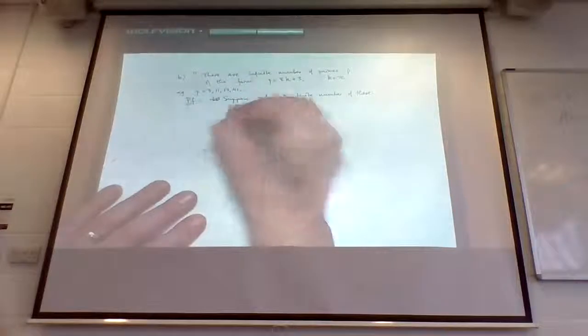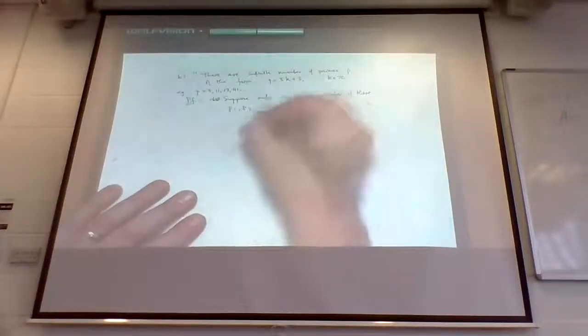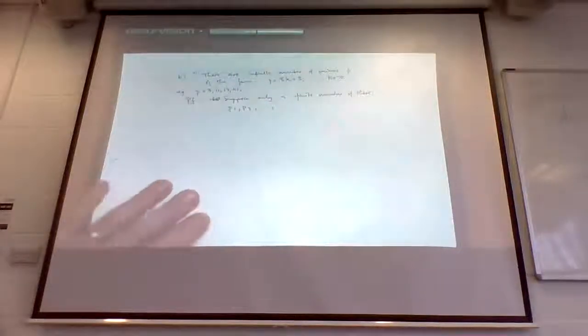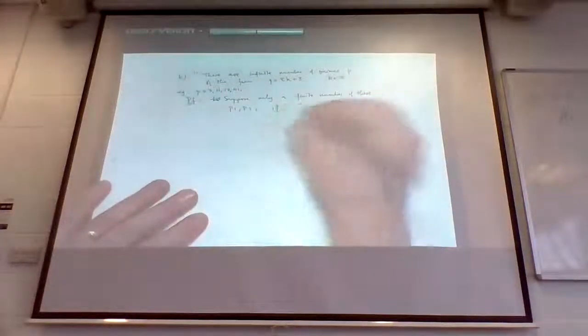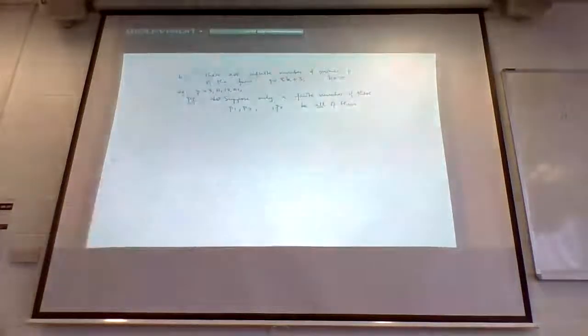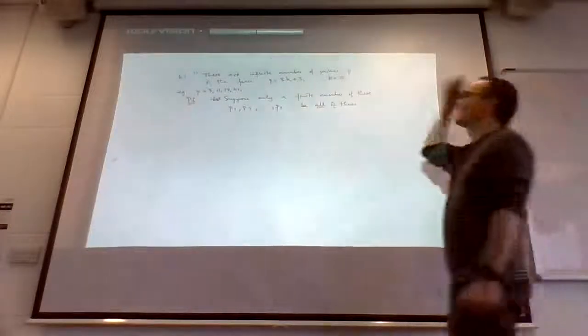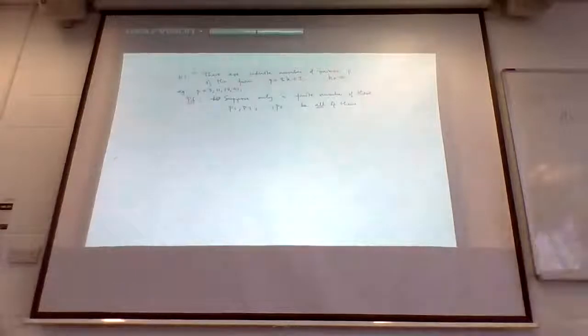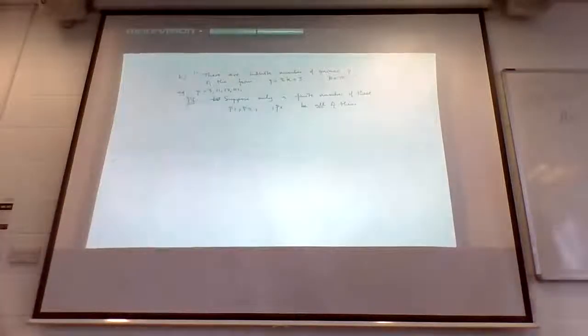Let's call them p1, which has to be 3, p2, which has to be 11, and so on, up to ps. Suppose that's the complete list of primes of this form.